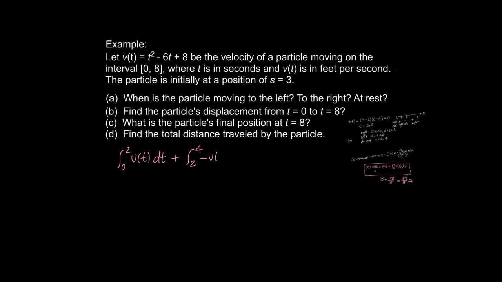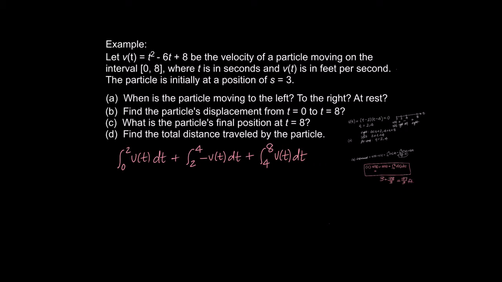So we're going to have to negate the velocity so that we are anti-differentiating something that's positive, because total distance traveled has to be positive. Movement to the left has to be considered movement to the right in a sense, so that when we anti-differentiate, we get a positive number. Finally, from 4 to 8, the velocity is positive, so we can just use v of t as is.